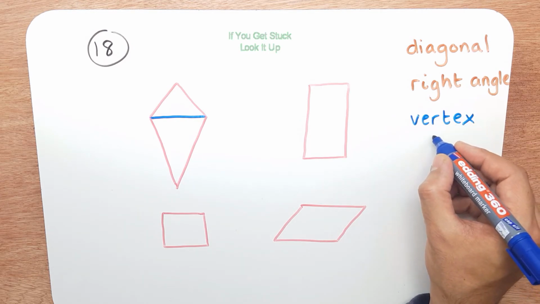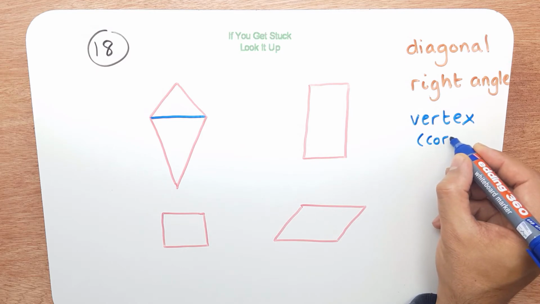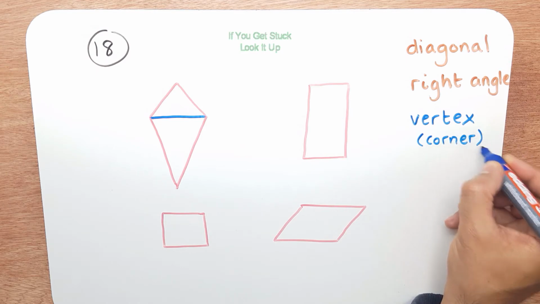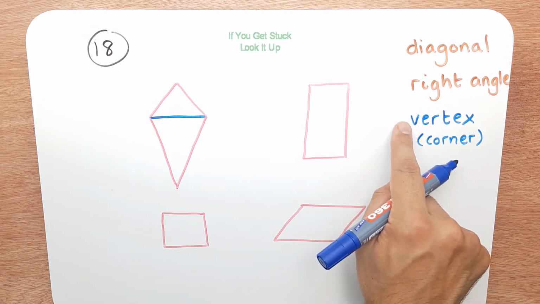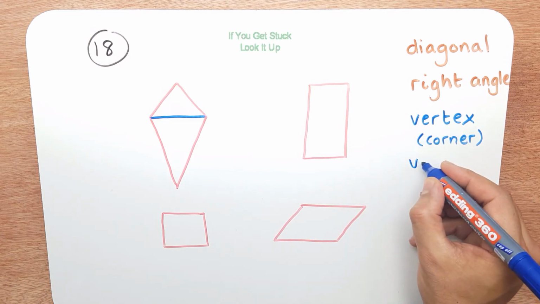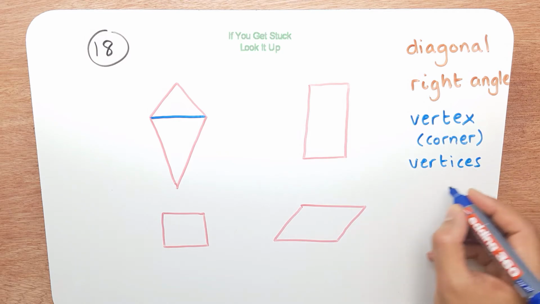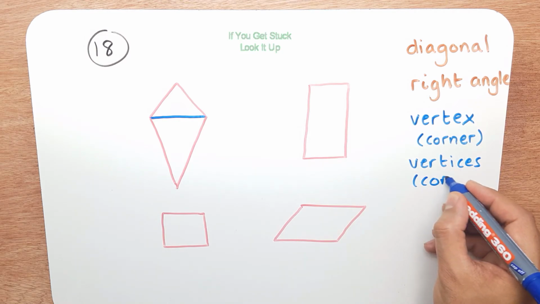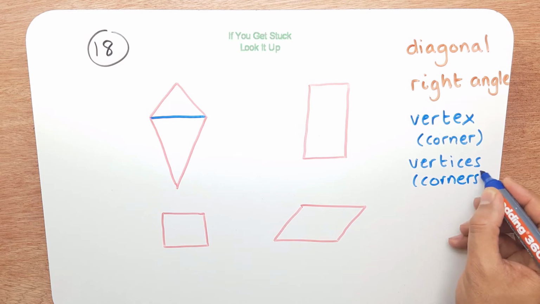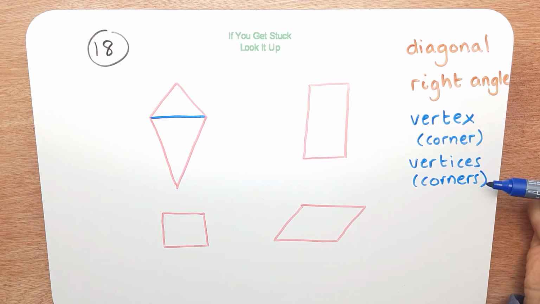And that simply means corner. And the plural of vertex is vertices. And that simply means corners. Lots of them. And I want you to learn all these words. It's important, they come up again and again.